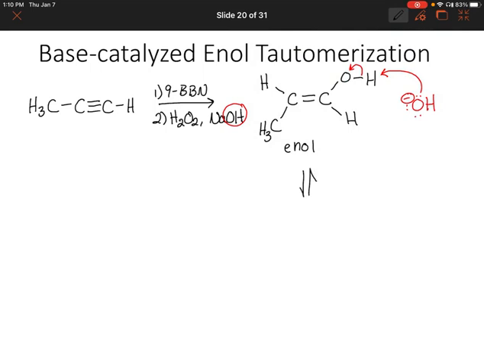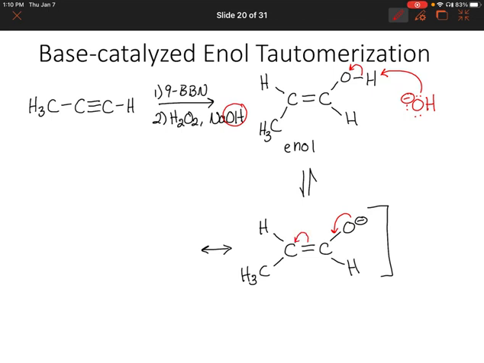All right, so now that's going to give us a negative oxygen, but the rest of the molecule stays the same. And now we're going to end up with some resonance structures here because that oxygen can now form a double bond with the carbon down below, and the pi electrons are going to be kicked over to the other carbon.